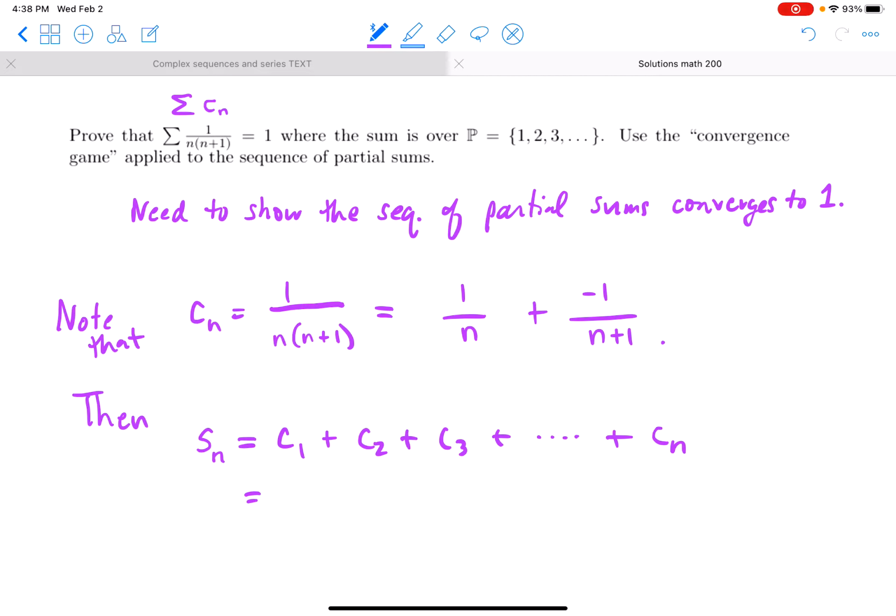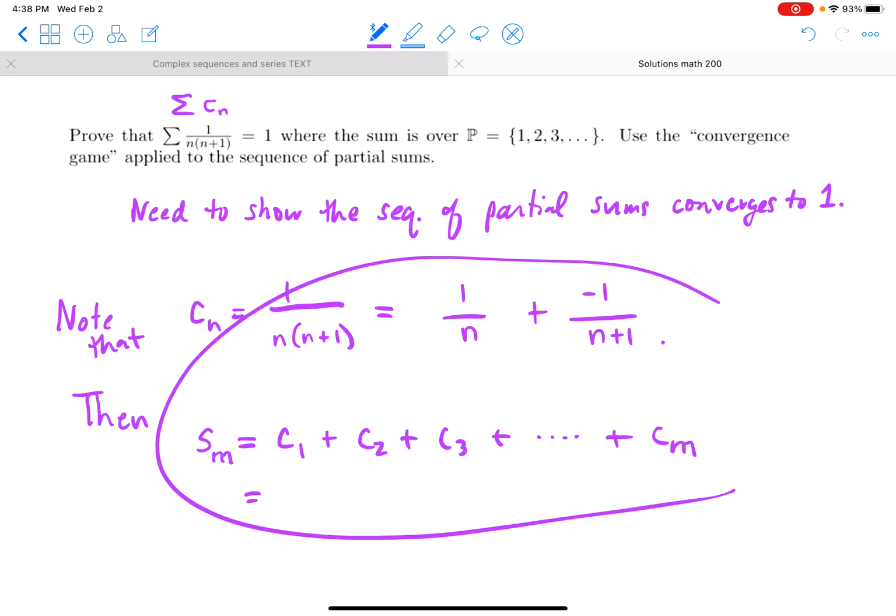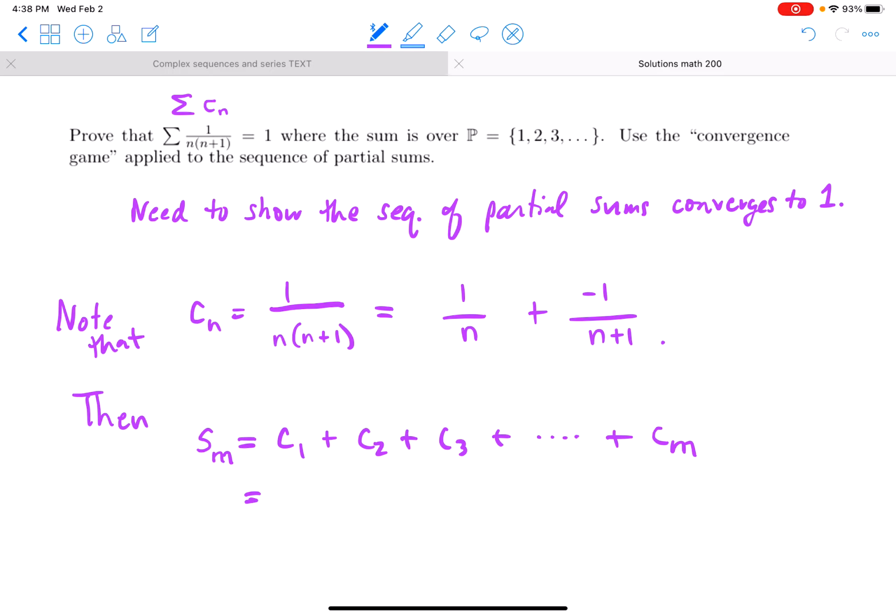Okay, well, what's C1? C1, as I plug in n equals 1 there. Okay, and now you see why I should maybe call this little m, because we have n's here, and it could get confusing otherwise. But remember, this is just naming conventions, so we just have to figure out what's going on. If I plug in, I'll get 1 over 1 minus 1 over 2. That's C1.